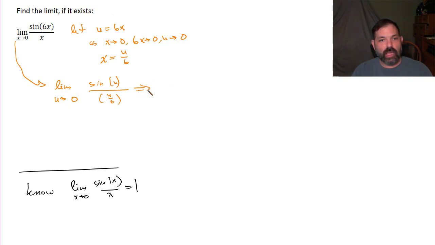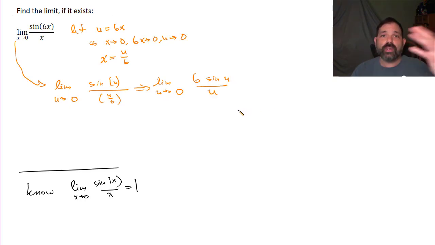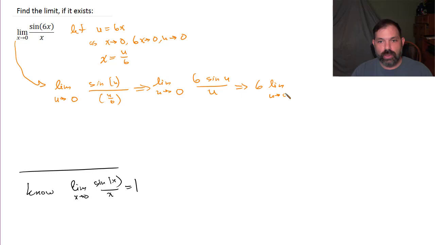So this is the same as the limit as u approaches 0 of 6 sine u over u. I can bring the 6 outside the limit. So that's 6 times the limit as u approaches 0 of sine u over u.